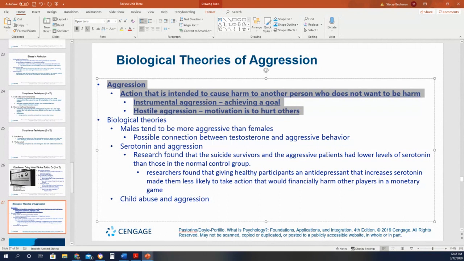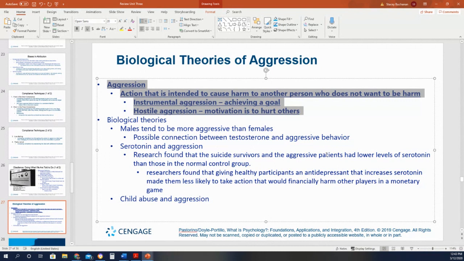An example of instrumental aggression would be honking your horn and yelling at somebody to get out of your way. You're intending to cause harm, you're intending to shock them, to move them. Another way you can think about instrumental aggression is that you would not be performing this aggression unless you're trying to achieve a goal.